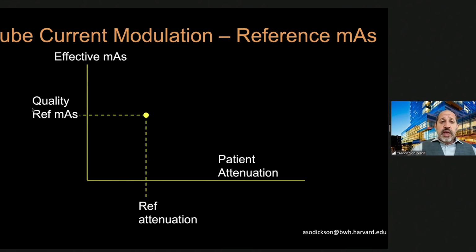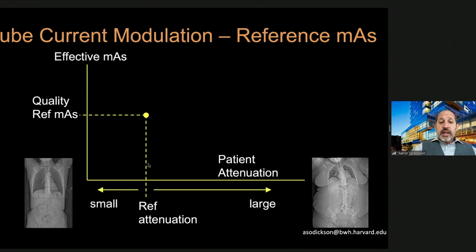And that is the mAs that we would use wherever the patient's attenuation matches this reference value. The scanner then adjusts the actual mAs above or below the reference value to better penetrate large areas of the body and to ramp down the X-ray flux in smaller portions of the body that don't need as much X-ray flux.